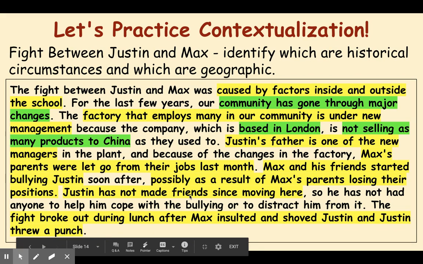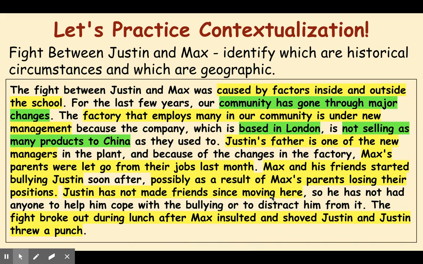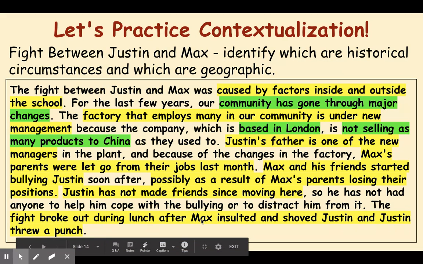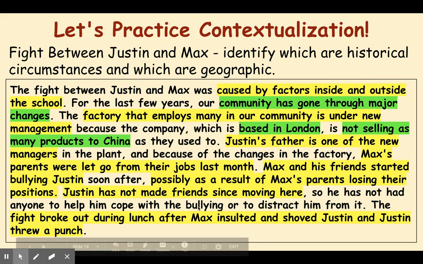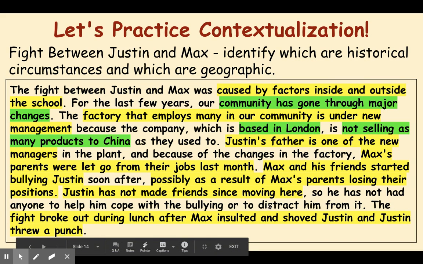I said Justin hasn't made any friends, so he has nobody to help him with the bullying. And that the fight broke out during lunch after Max insulted and shoved Justin, and Justin threw a punch. I said those are all historic in nature.